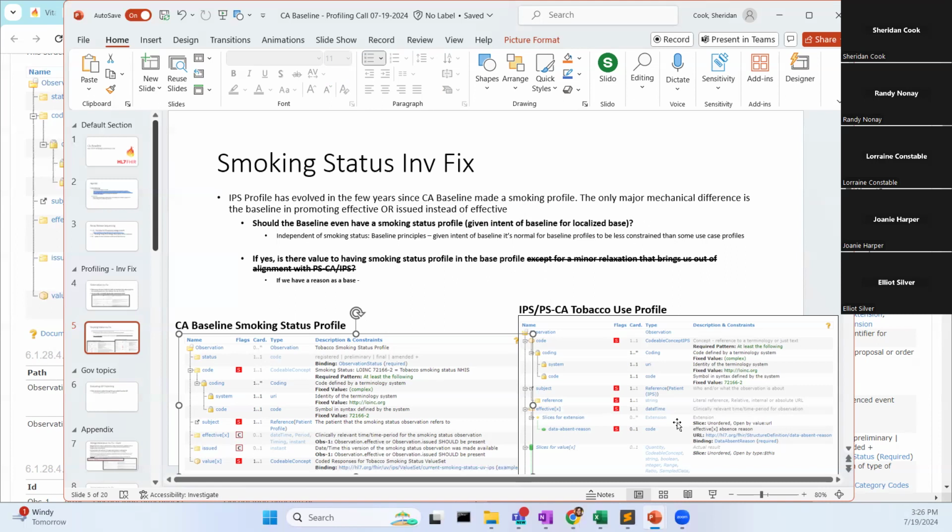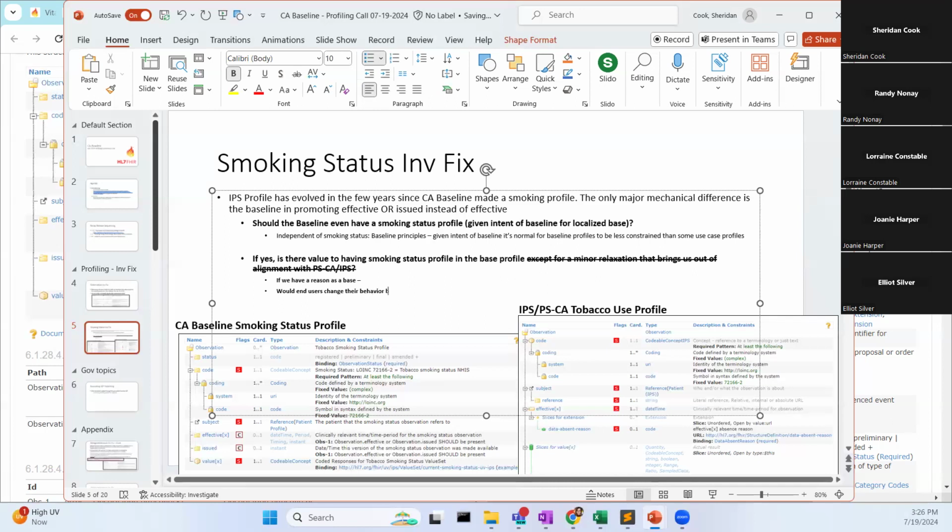Would they be extracting both the CA baseline resource and an IPS resource from a database or other data store that's not in a FHIR resource?